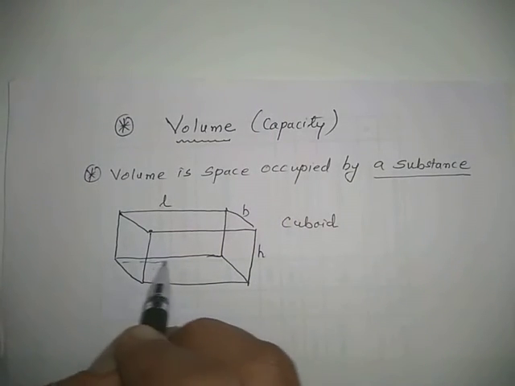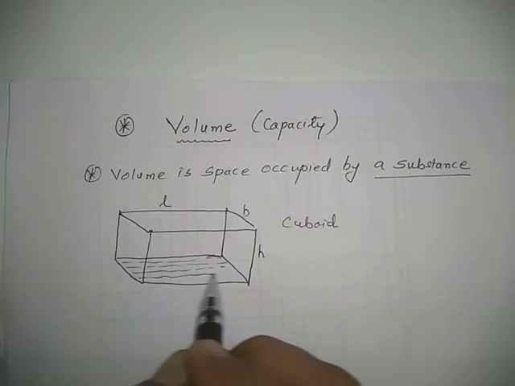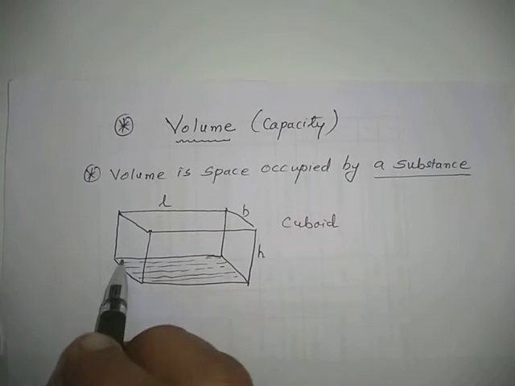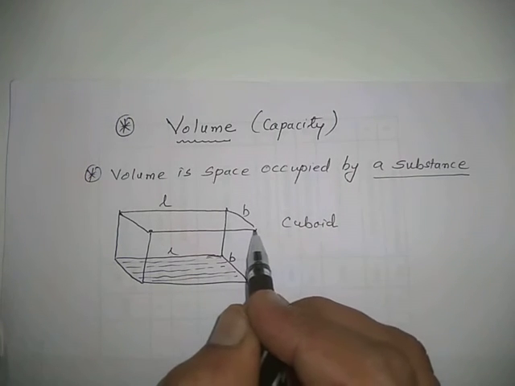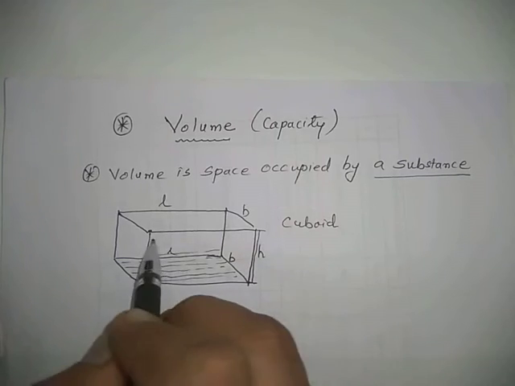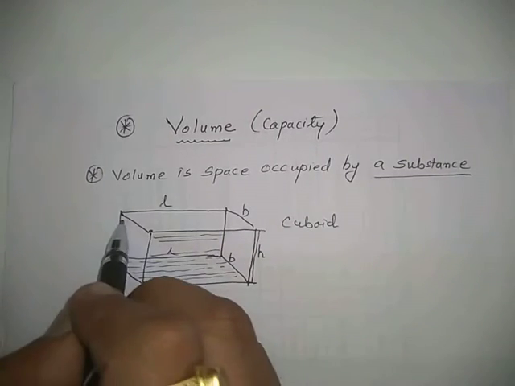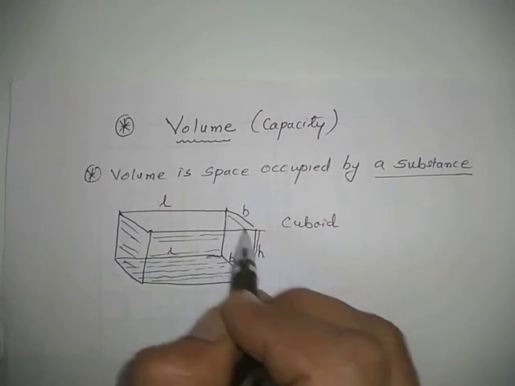So if we start filling water from here, so this much portion is covered by water, that this much length and breadth, and up till this much height. So totally it will cover this much portion with water. Okay, so length, breadth till height.